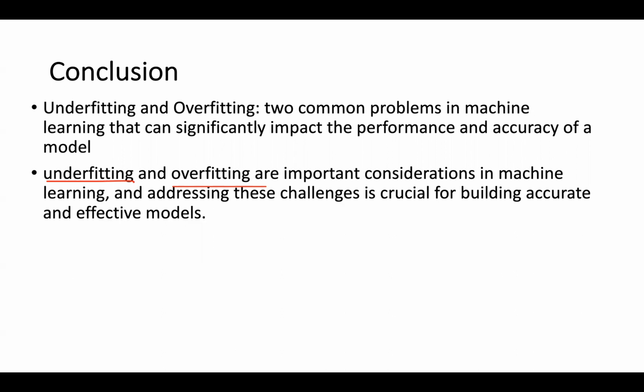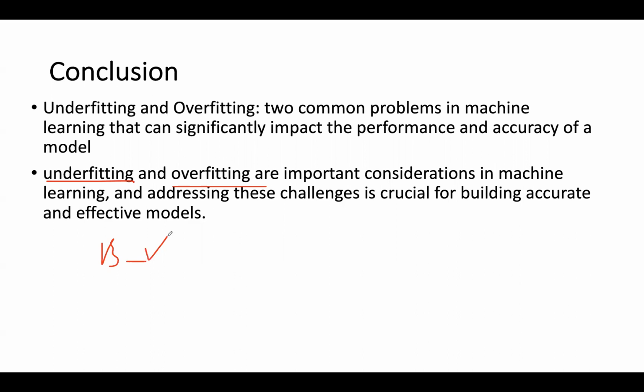So in summary, underfitting and overfitting are important considerations in machine learning, and addressing these challenges is very crucial to building an accurate and effective model. Again, the bias-variance trade-off, finding that sweet spot, is more like a skill.